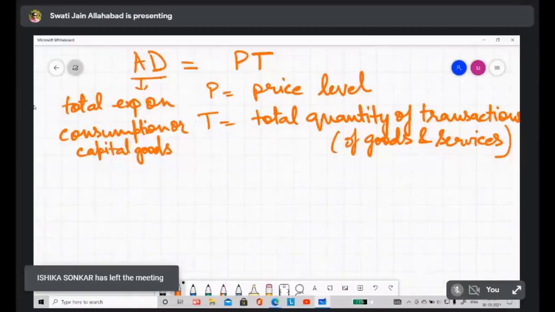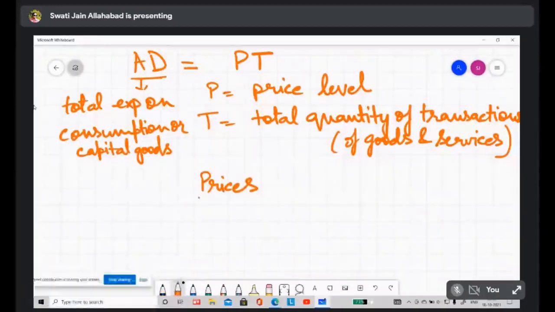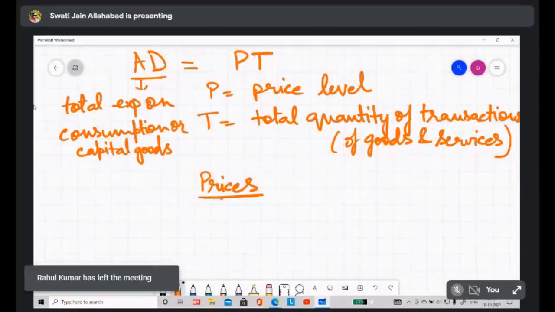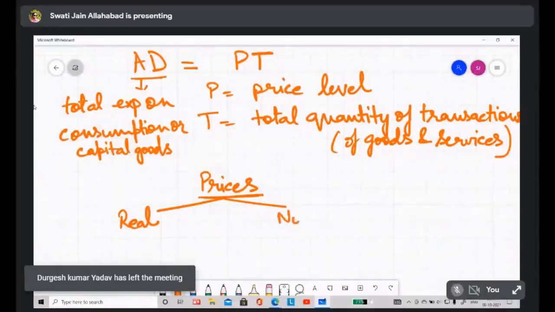Now there are two ways in which you are reflecting the prices: prices in real terms or prices in nominal terms, that is, monetary terms.